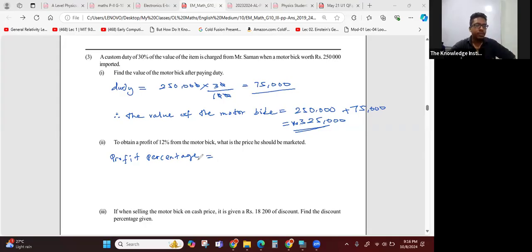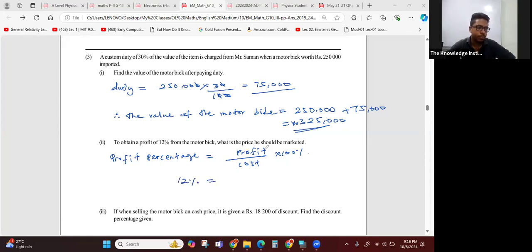Anyway, the profit percentage you have learned in grade 9, which is you take profit over total cost into 100%. So the profit percentage is 12%, as he should gain a profit percentage of 12%.